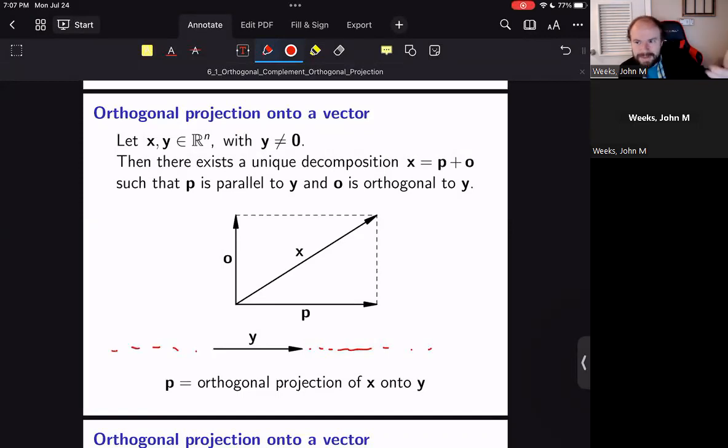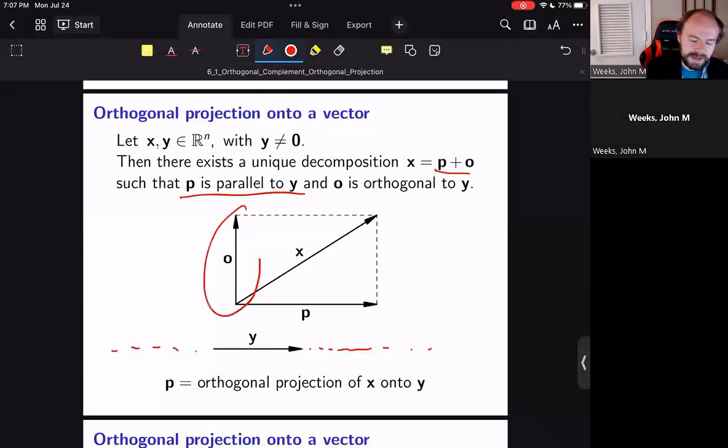So we could just take the same machinery that we had from the previous example and meld it onto here by using the fact that y is itself generating a subspace. Now, with all of that machinery dealt with, we get an orthogonal projection of the vector x onto the subspace generated by y. And since that subspace is one-dimensional, we know the vector p is parallel to the vector y that we are projecting onto.